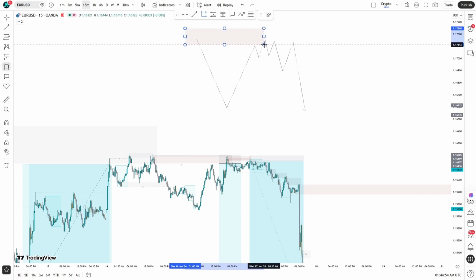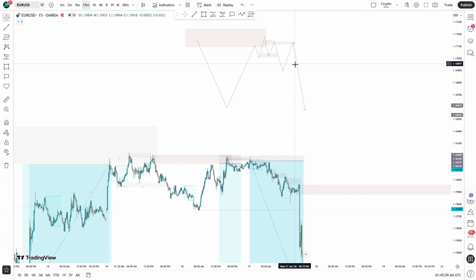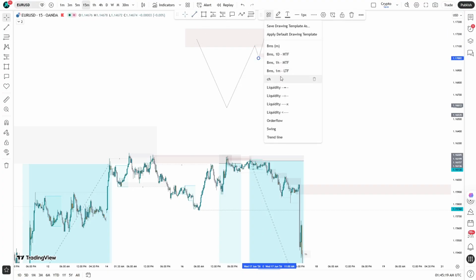At this time frame, by mitigation, add this. For entry, so it broke to the upside, then broke to the downside.